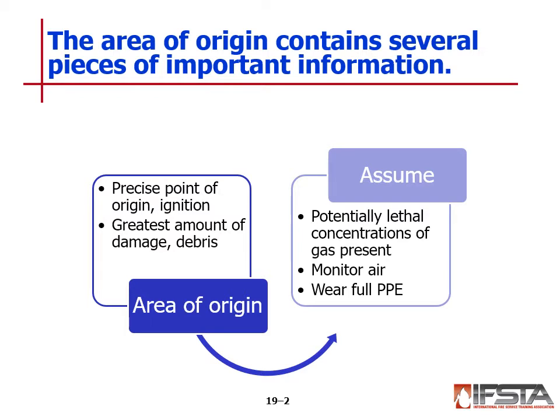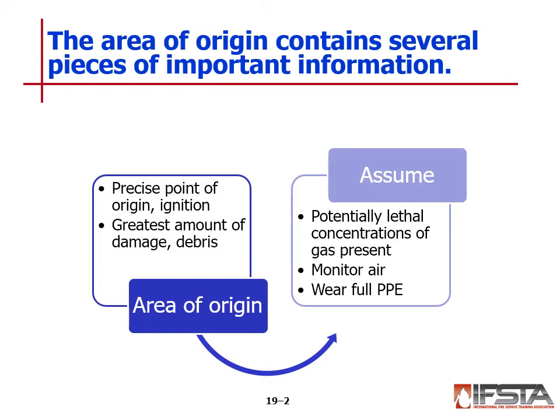So anytime that we work on a fire scene, and again, this goes back to some of the very basic things we've been talking about, assume that there are potentially lethal concentrations of gas present. We've already covered some of those things like carbon monoxide, carbon dioxide, hydrogen cyanide.